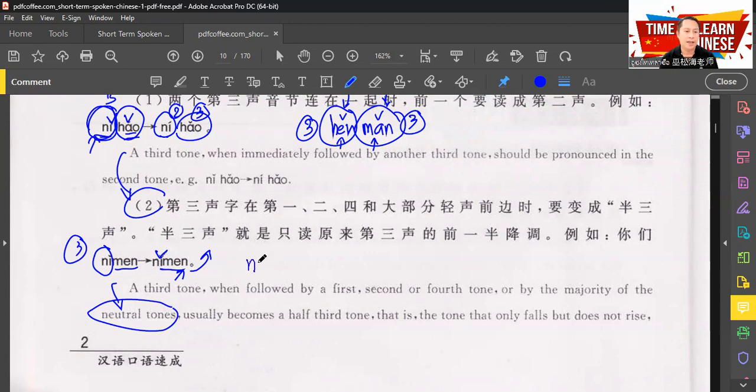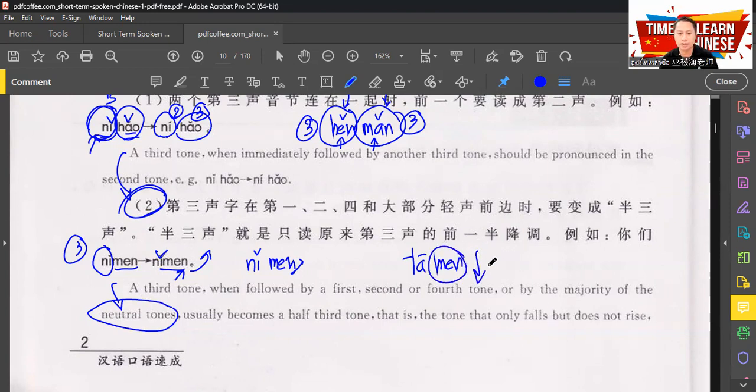For example, NI is หนี, MEN is มัน, normally we can call มัน, but after we use the second rule, we have to speak out like หนี มัน. But if in front of the neutral tone is another tone, not third tone, for example, TA is ท่า, MEN. This tone will be lower.